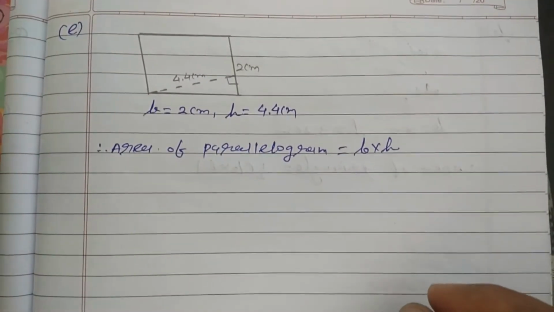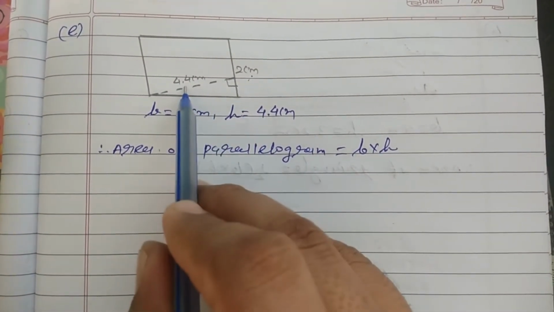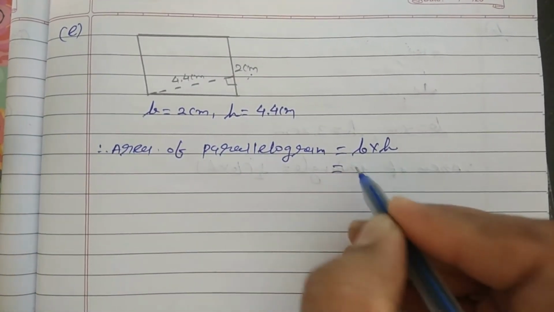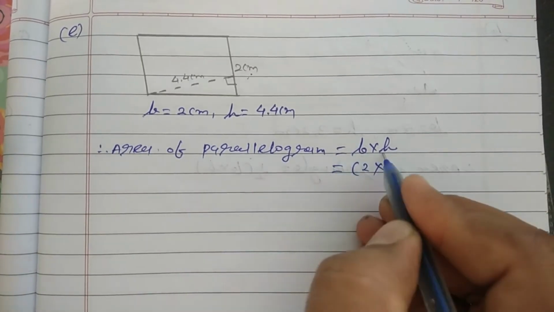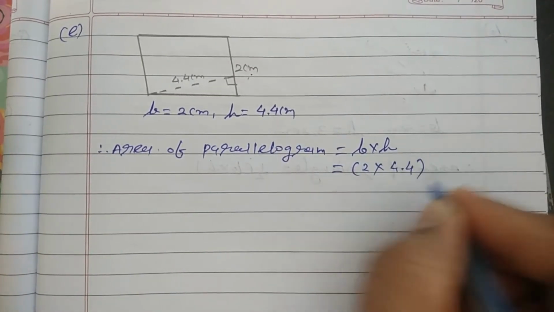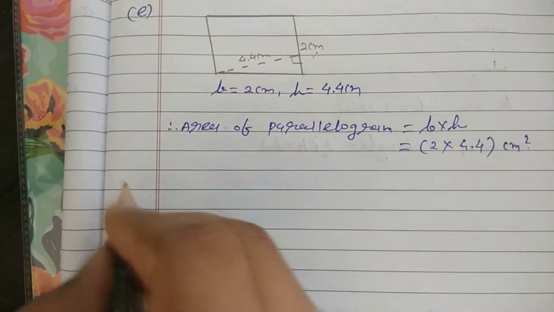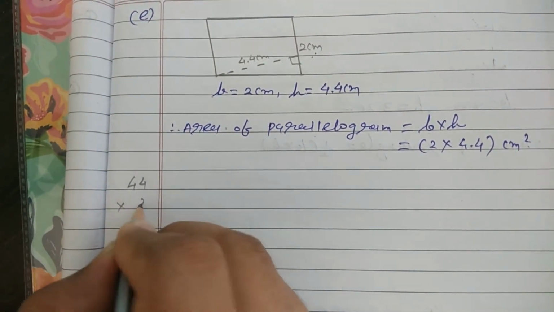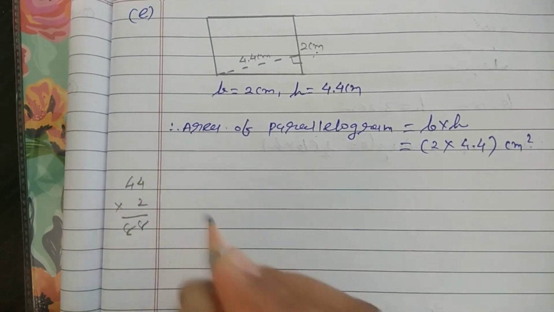Next, sum E. Here the base is 2 centimeter and the height is 4.4 centimeter. Therefore the area of the parallelogram is equal to base multiplied by height. Base is 2 centimeter, in the bracket 2 multiplied by height 4.4, bracket close, and unit centimeter square. So here we will do the decimal multiplication. For 4.4 we will write 44 multiplied by 2. 4 2s are 8, 4 2s are 8, so 88.